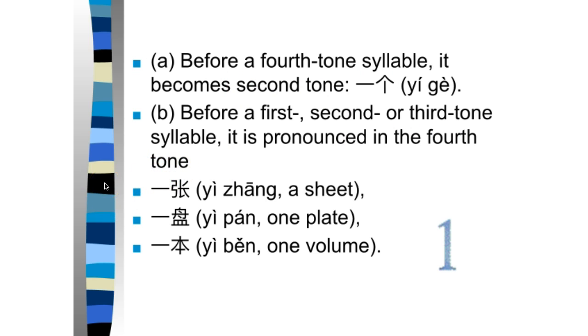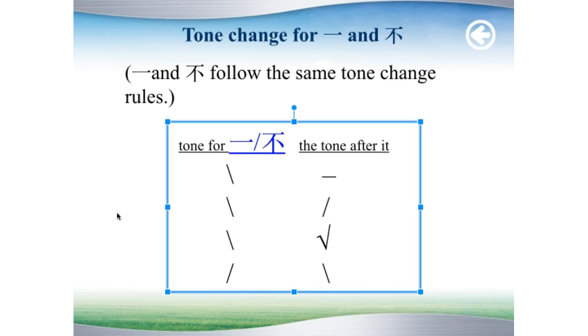一张, 一盘, 一本. What this means is that when you pronounce the number 1 in a tone pair, it's actually never pronounced as first tone. It's always pronounced either as second tone or as fourth tone. Incidentally, 一 and bu, meaning not, which is a word we learned in Level 1, have the exact same tone sandhi rules.